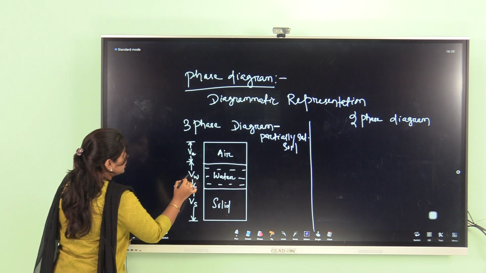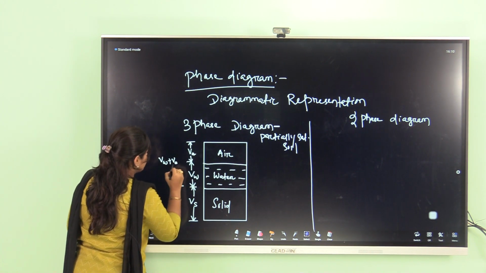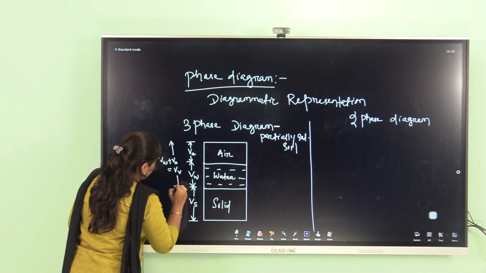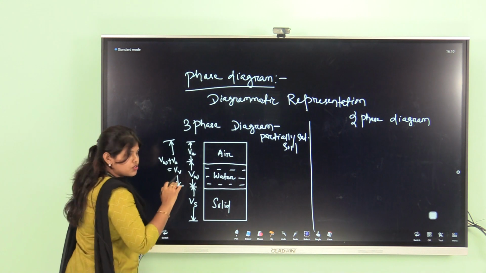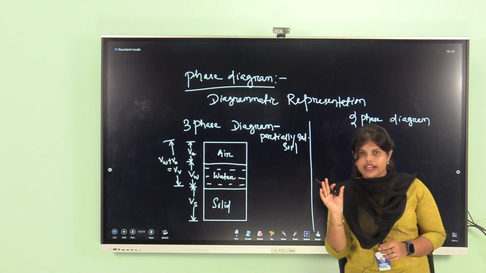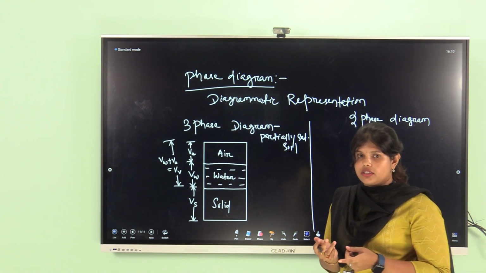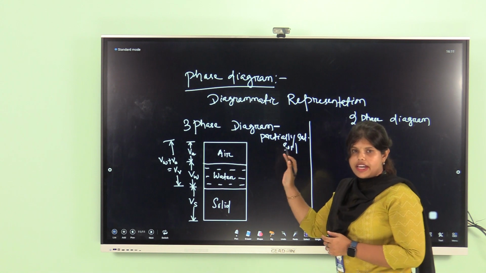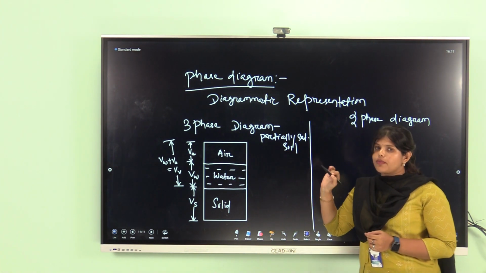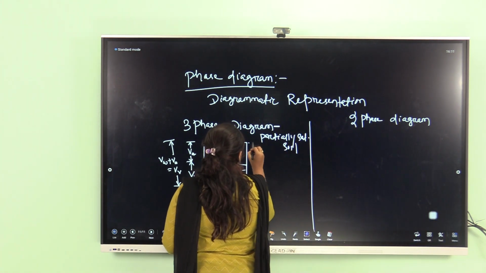VW plus VA is volume of voids. After placing the solid material, some places are vacant, which will be filled by air and water, and that is termed as volume of voids.